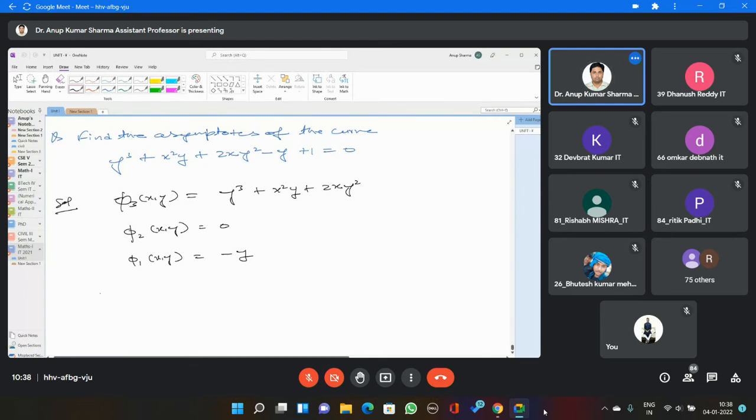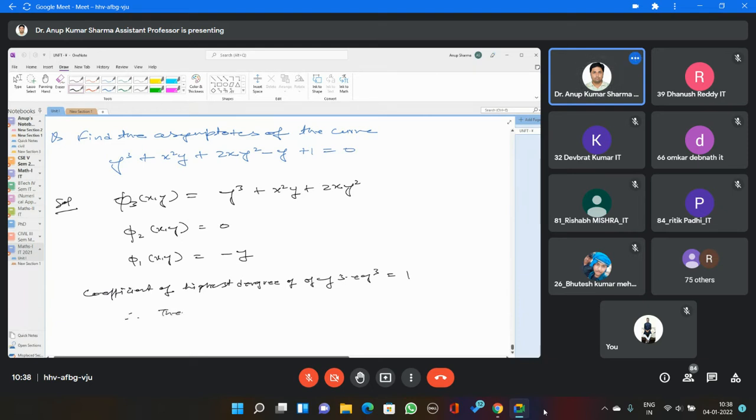So we reduce to one or two lines and directly write: coefficient of the highest degree of y, that is y cube, is equal to 1.